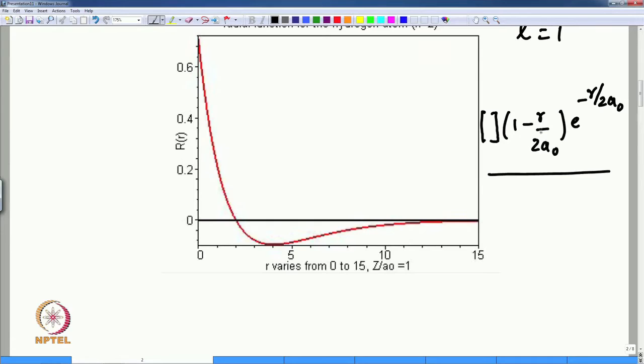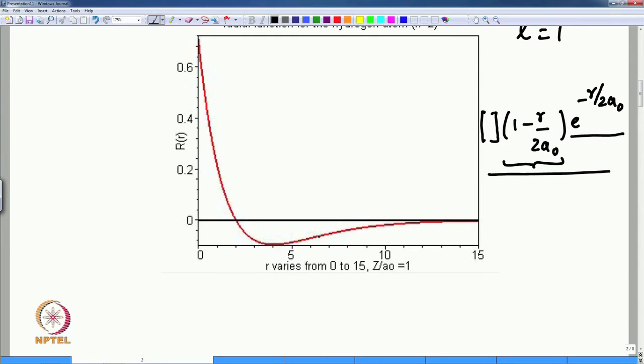But as r increases from 0 to 2 a naught, you see that the function drops off while the exponential is also minus r by 2 a naught. So, this function goes down, but for all values of r greater than 2 a naught, this factor will increase, but the exponential will decrease.